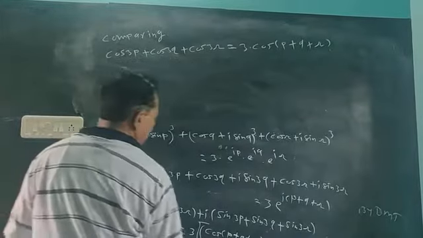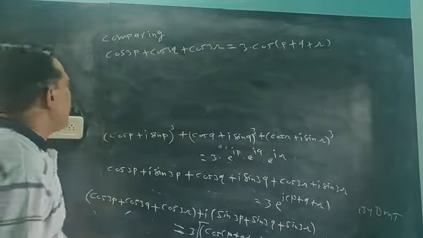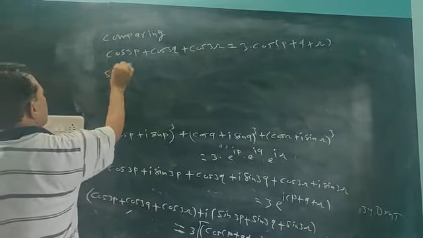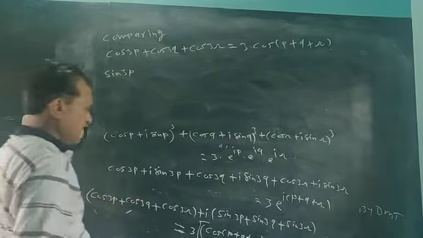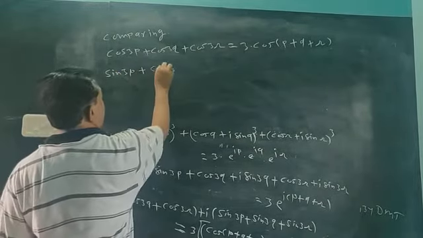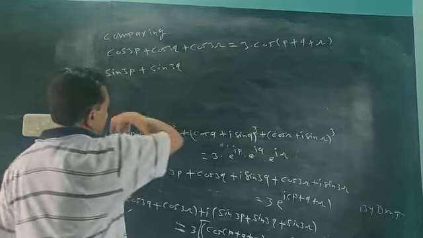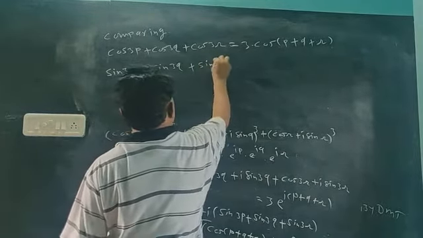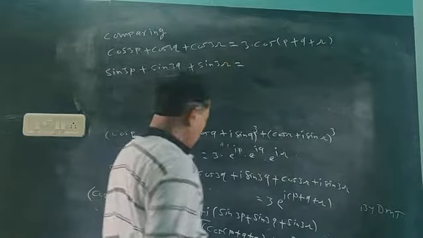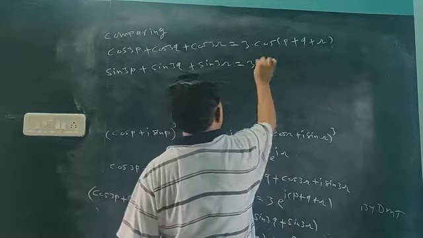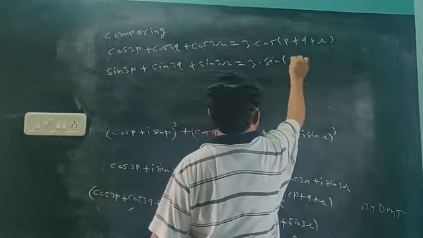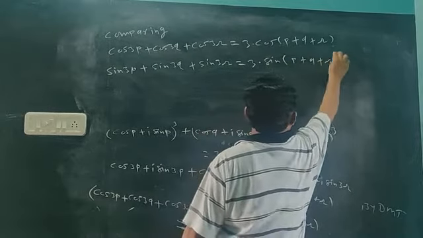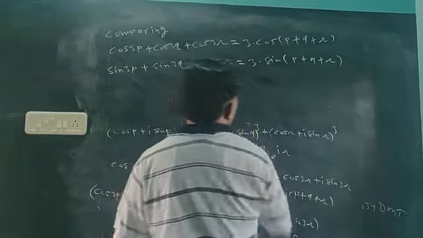The imaginary part, containing i: sin of 3p plus sin of 3q plus sin 3r equals 3 times sin of (p plus q plus r). So that is the answer.